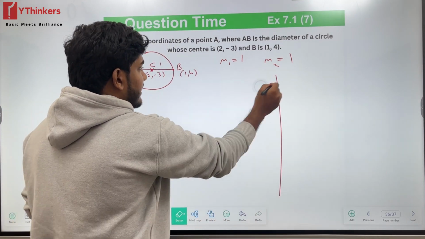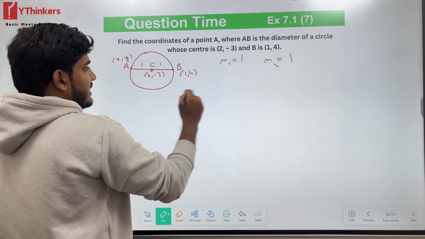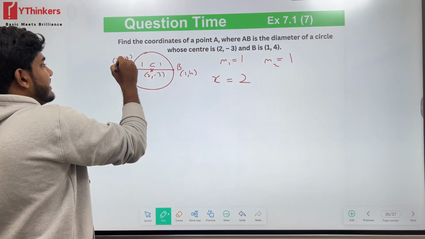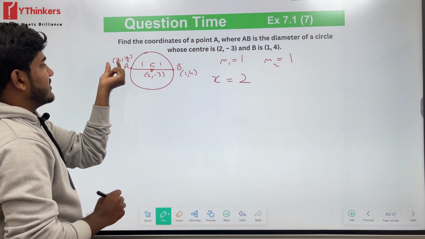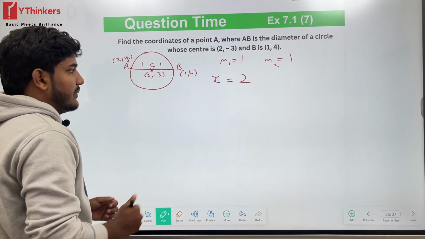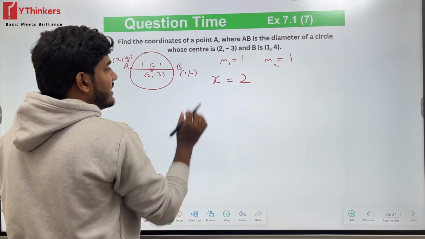So I know that x value of the, wait, I'll not take it as x value, C पॉइंट का जो वैल्यू है, C is nothing but x is equal to 2. I will write this as x1 y1 because you know the line segment x1 y1 and this is x2 y2 and this is x, y. You will get confused with the variable, so I am taking, so I know that point C का जो वैल्यू है x is equal to 2. Okay, how did this value of x come?